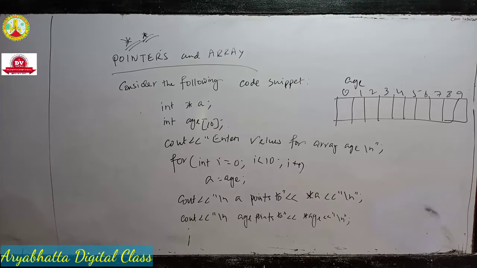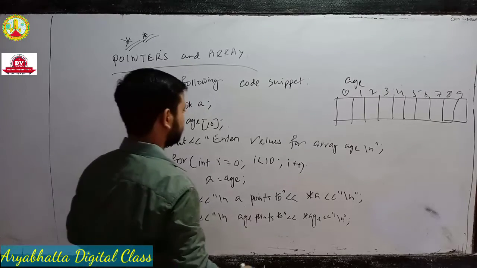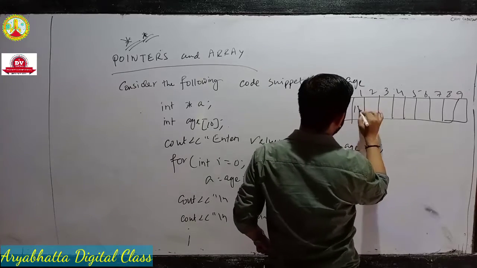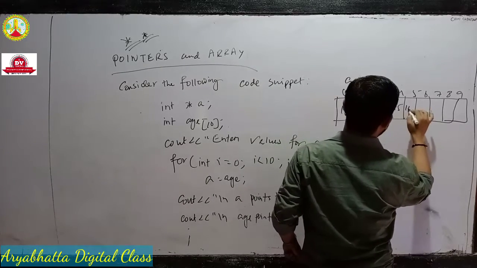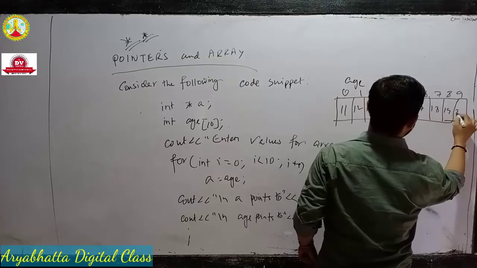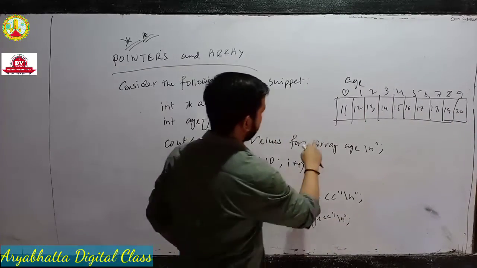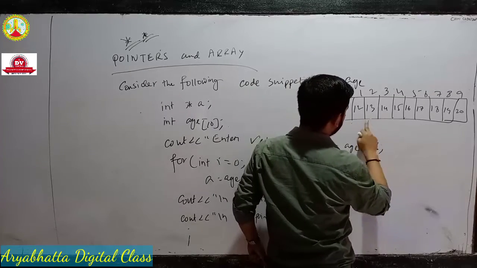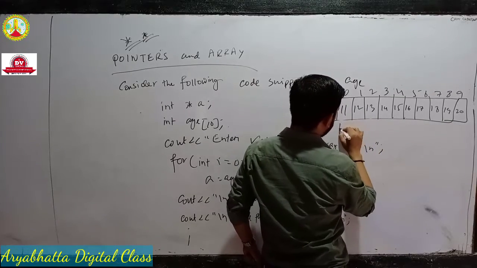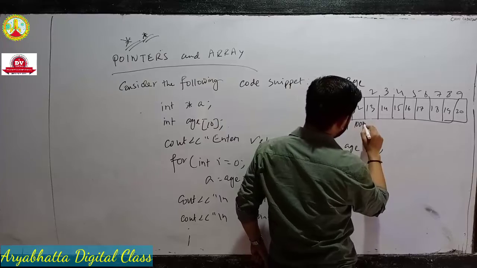Suppose we store the elements 11, 12, 13, 14, 15, 16, 18, 19, 20, right? And all variables have what? A memory address. So this is 1001, this is 1003.